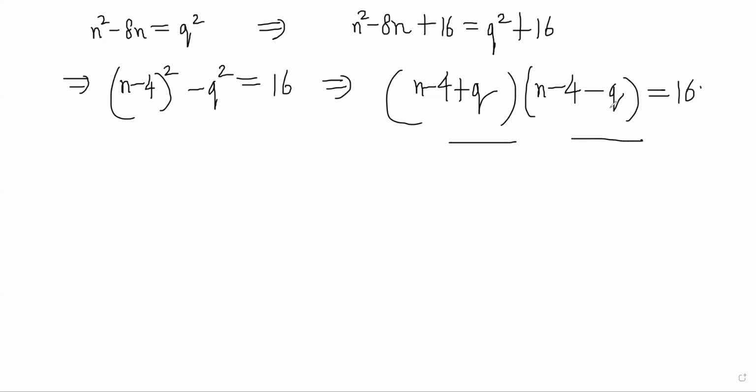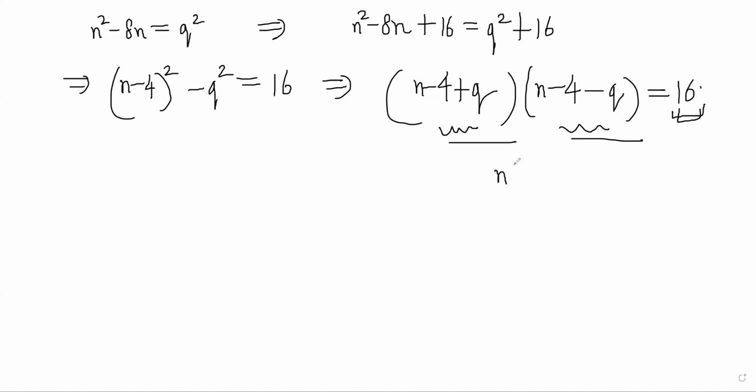Now the two factors here, n minus 4 minus q and n minus 4 plus q, both of them have to have the same parity. And same parity means both of them have to have the same sign, because then only you get a plus 16. Can be both negative or both positive.